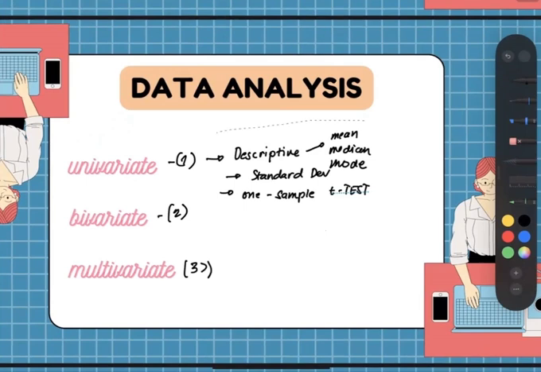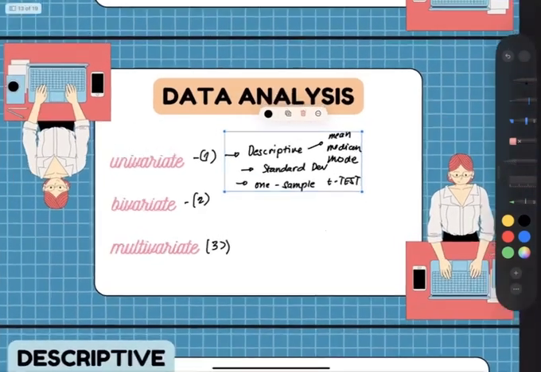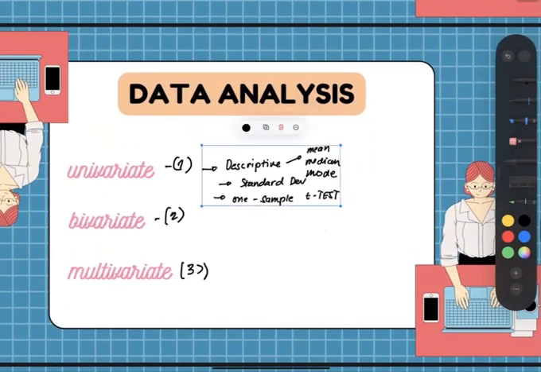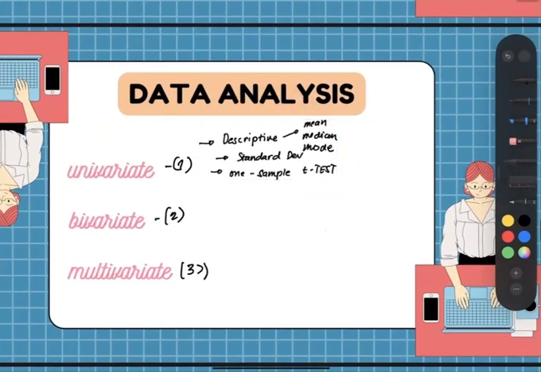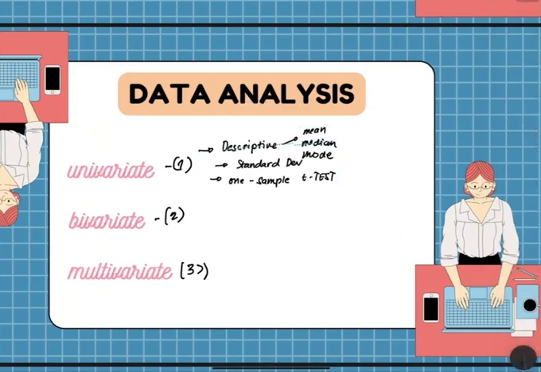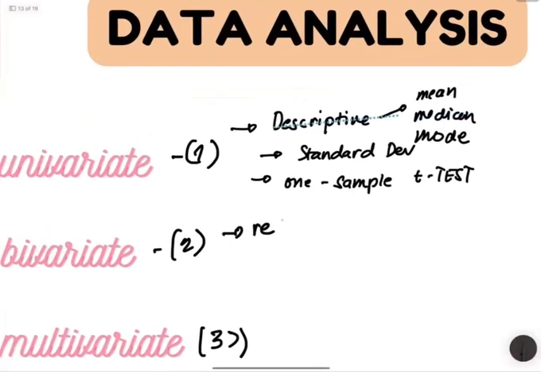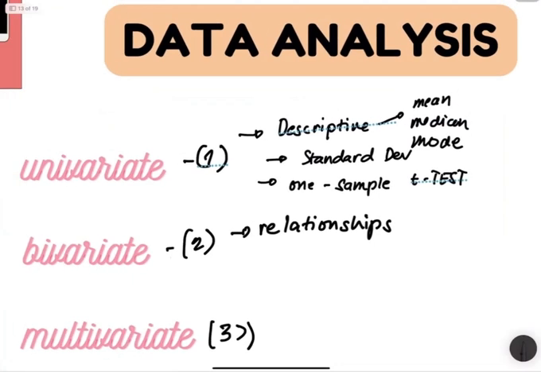For bivariate, let's try to move this one. I think we don't have enough space. For our bivariate analysis, examples here, usually we measure relationships, associations of your variables between only two variables.